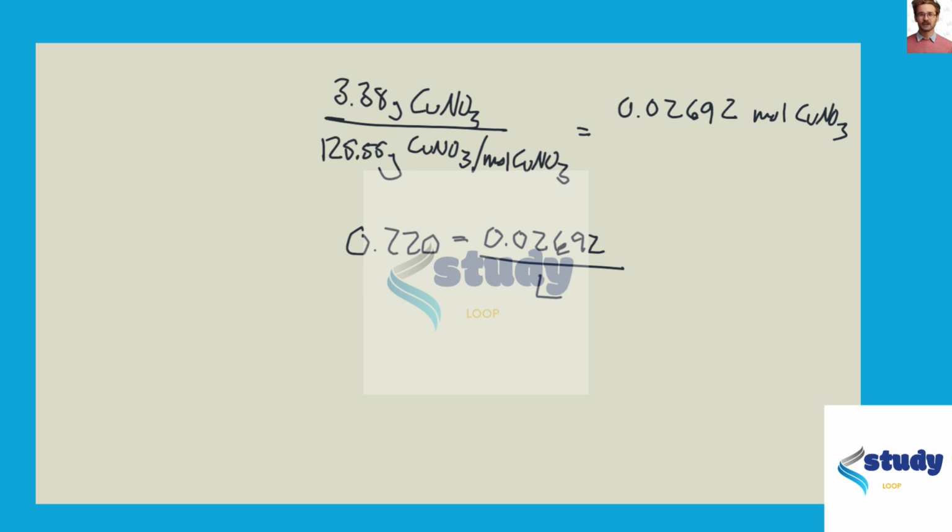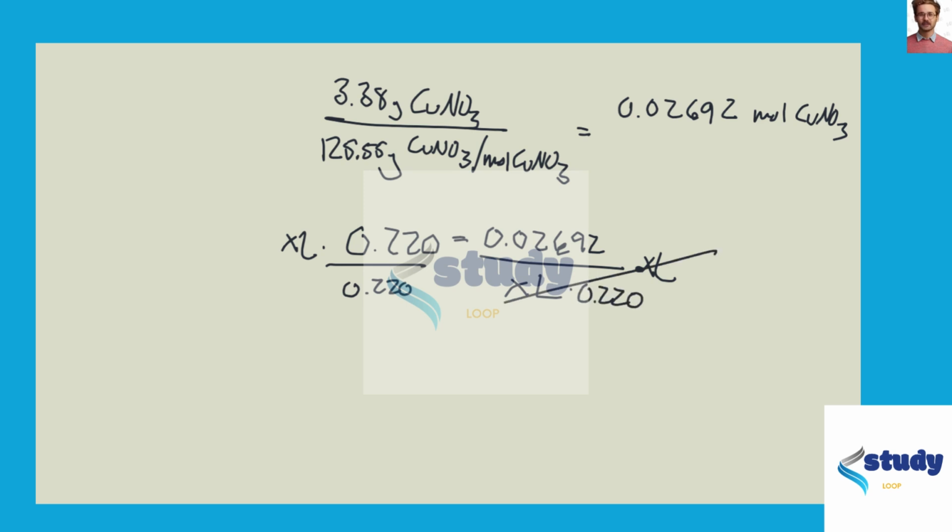So we can solve for liters, right? We do a little bit of algebra. We multiply both sides by liters. Our mystery liters, let's just call it X liters, okay? And then divide both sides by 0.220.